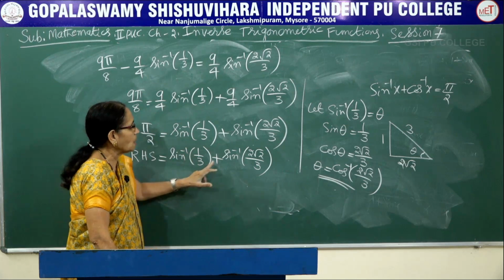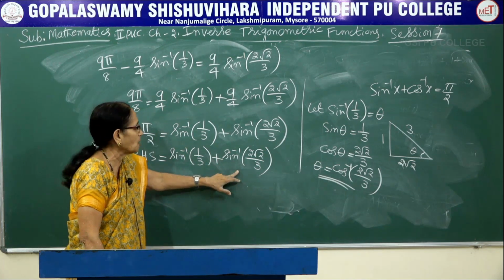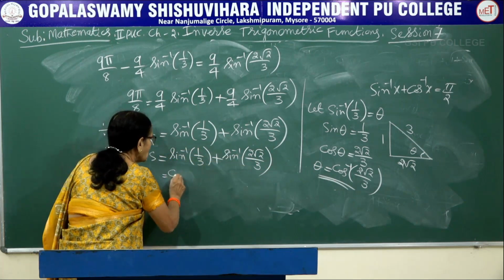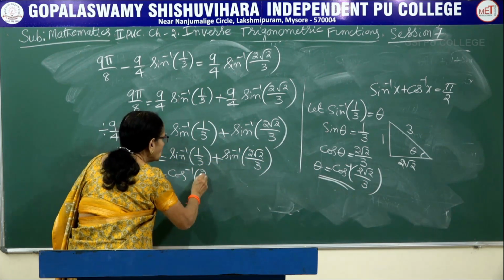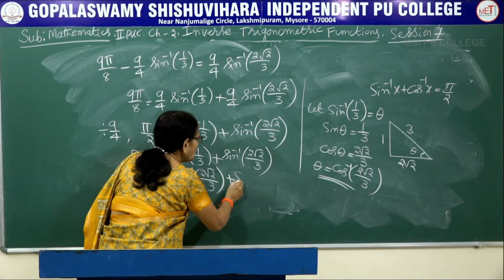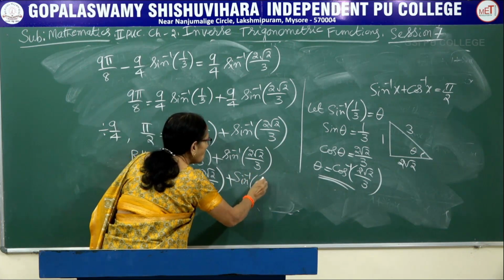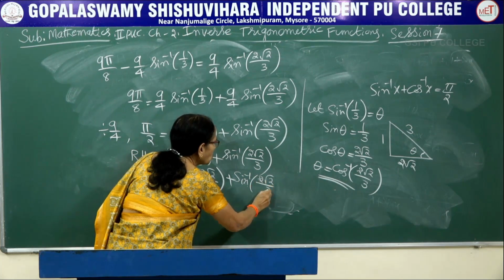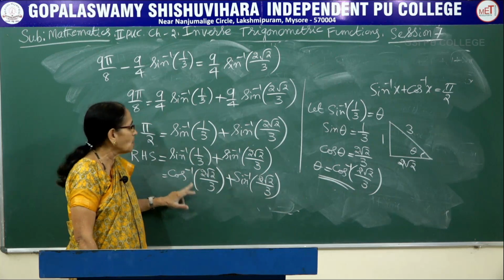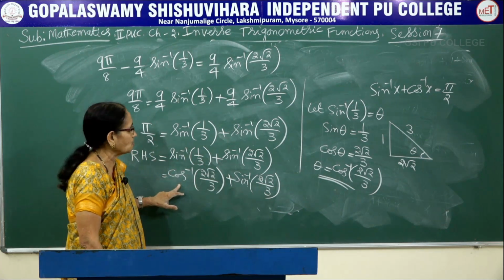Sin inverse of 1 by 3 plus sin inverse of 2 root 2 by 3. What is sin inverse of 1 by 3 now? It can be written as cos inverse of 2 into root 2 divided by 3 plus sin inverse of 2 into root 2 divided by 3. So having the same value, I have written it in terms of cos inverse.